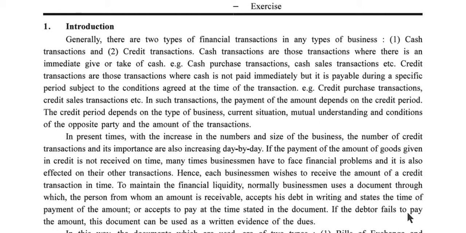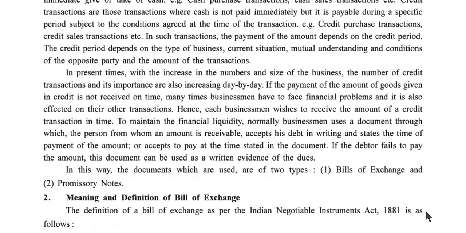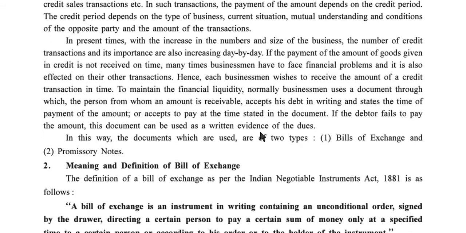If the debtor fails to pay the amount, this document can be used as written evidence of the dues. In this way, the documents which are used are of two types. First is bills of exchange and second, promissory notes.